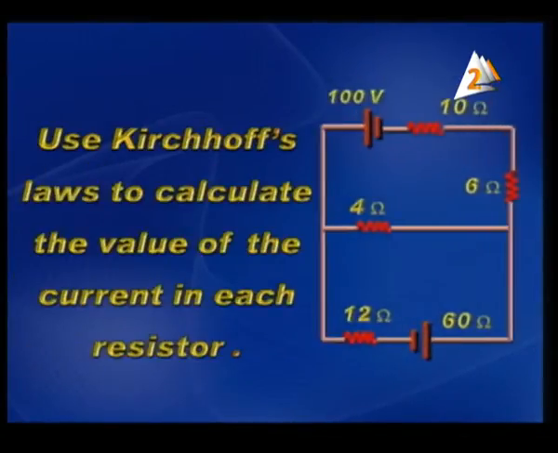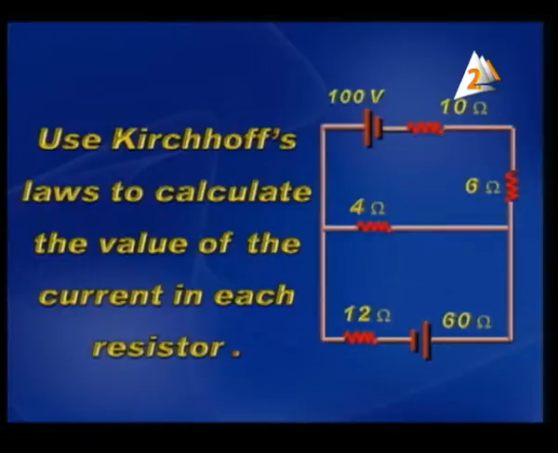Second problem. In front of you, we've got a circuit. Your attention now. We've got two batteries that are connected parallel to each other. In this case, Ohm's law cannot be used. We have to use Kirchhoff's law to calculate the value of the currents.